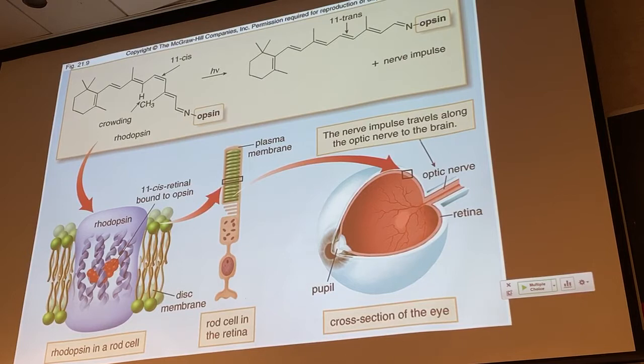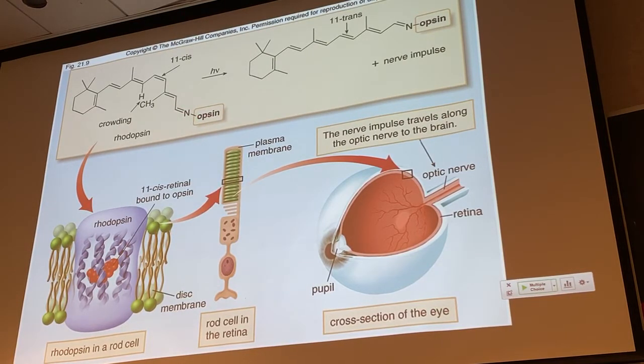And then when the molecule relaxes down to the ground state, we have a trans double bond instead of a cis double bond. And that change in shape due to that isomerization is recorded as a nerve impulse that our brain converts into vision. Okay, we went over that in chapter 16. Really cool chemistry.